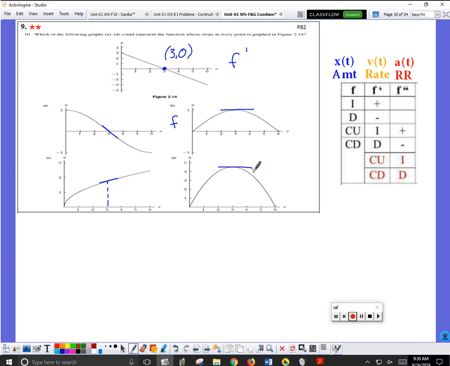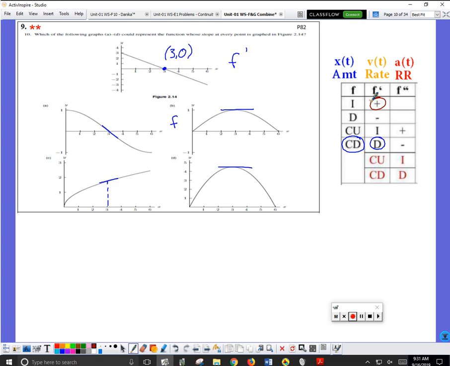So now I have to pick between these two. So we just go down the list. Let's see. This f prime is always decreasing. So the graph of f should always be concave down. That didn't help. Try something else. f prime positive.